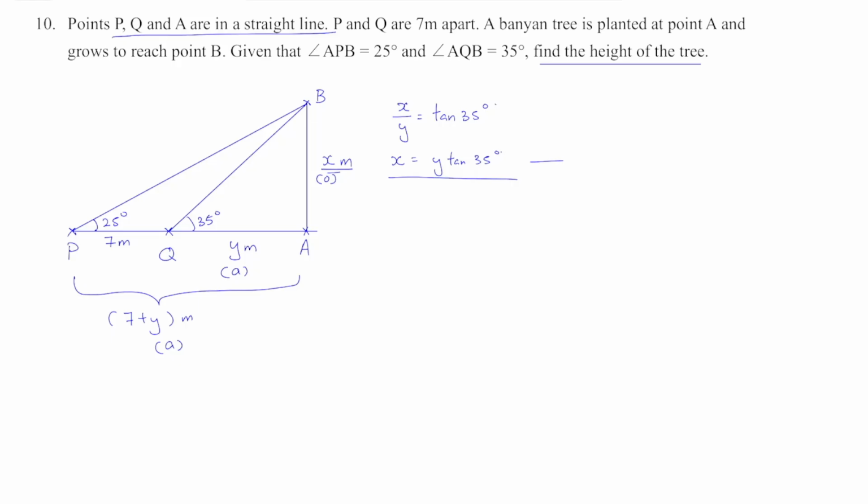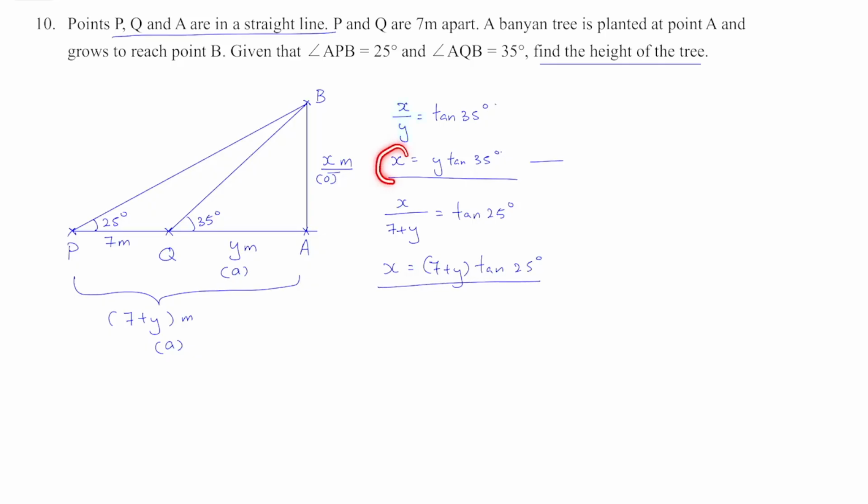So opposite, which is x, over adjacent, which is 7 plus y, equals tangent 25 degrees. Then make x the subject, so x equals (7 plus y) tangent 25 degrees. So I have another equation now.